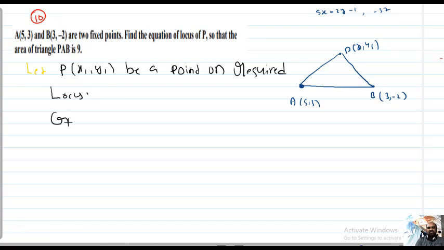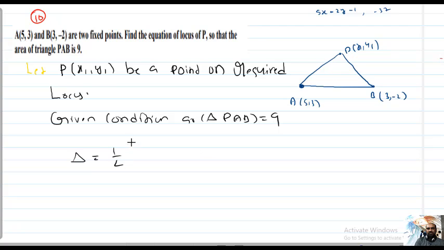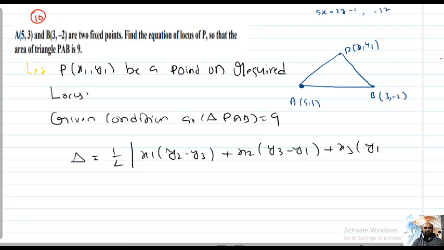Given condition: area of triangle PAB equal to 9 square units. So delta equals half into, we have the formula x1 of (y2 minus y3) plus x2 of (y3 minus y1) plus x3 of (y1 minus y2) square units.